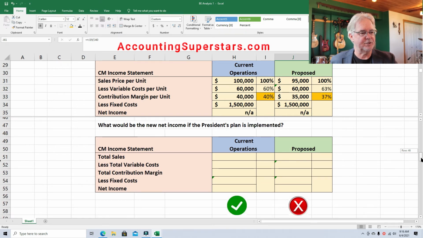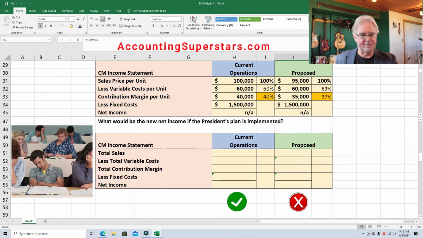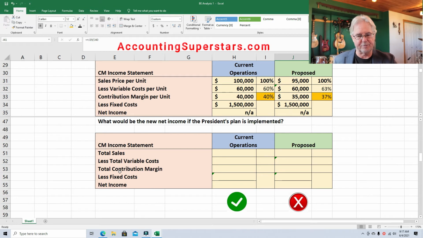So coming down here, we'll do another income statement. And if you notice, it's the exact same format as up above here. Look at this: sales, variable costs, contribution margin, and so on and so forth. It's practically identical. Now, one small difference: rather than having sales price per unit, we'll have total sales.